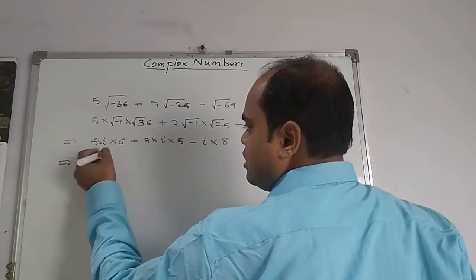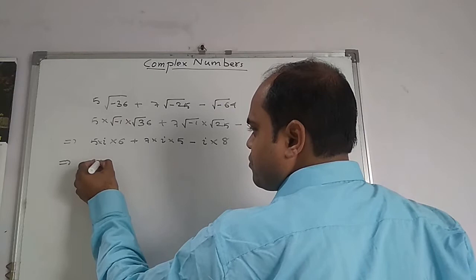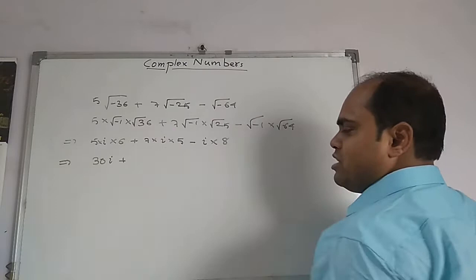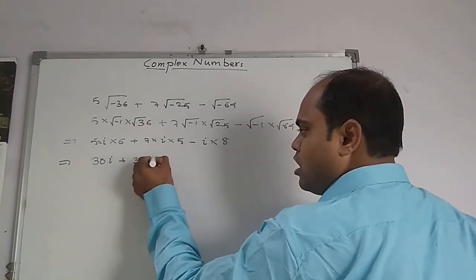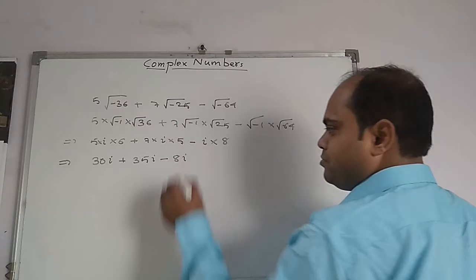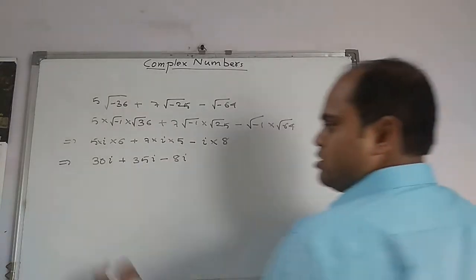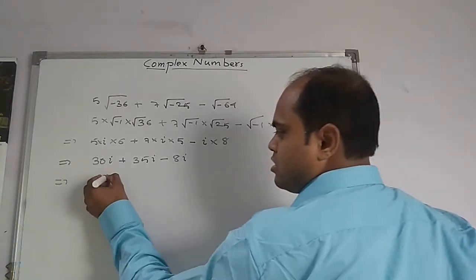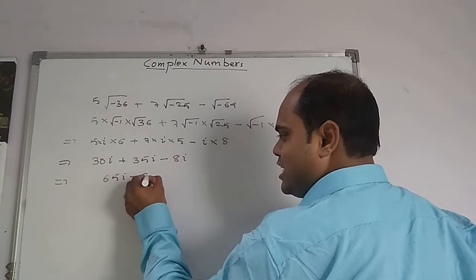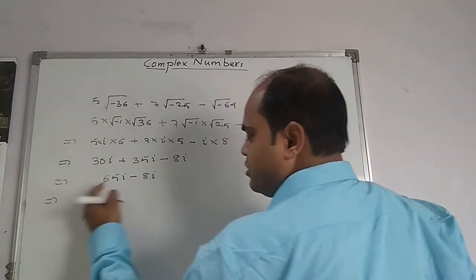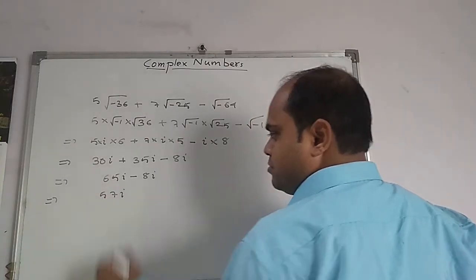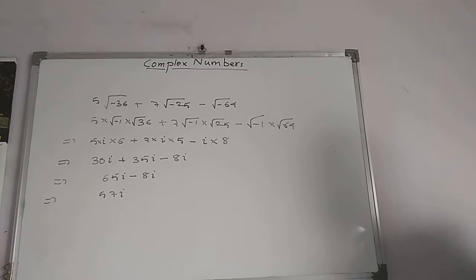So we have 5 sixes are 30 iota, plus 7 fives are 35 iota, minus 8 iota. Okay. So we have here 30 plus 35, which is equal to 65, minus 8 iota. So we have 57 iota, right? I hope you understood the explanation.